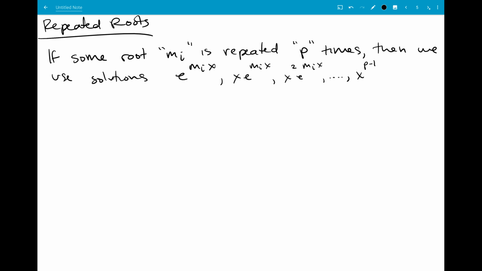So x to the p minus 1 e to the m sub i x.